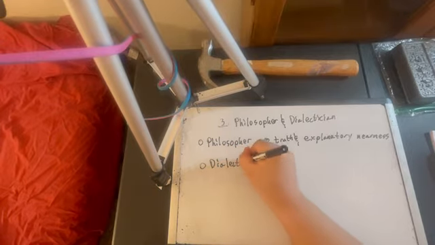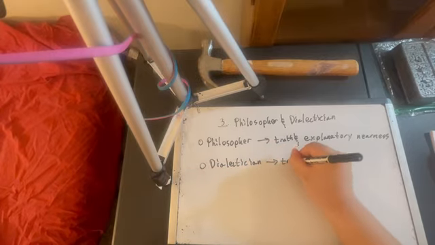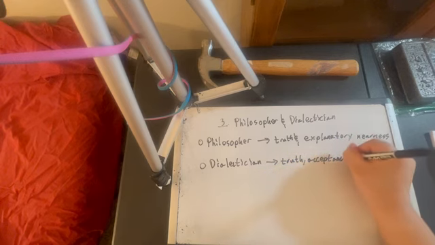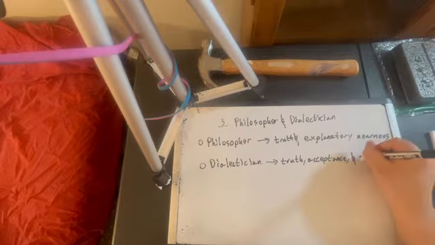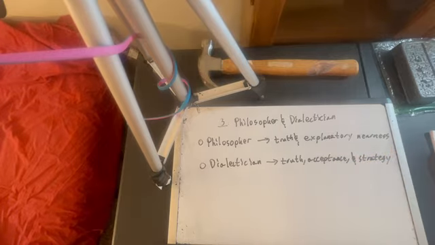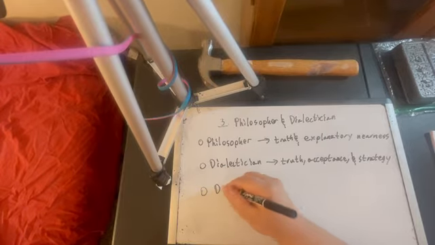Dialectician: truth, acceptance, and strategy. The philosopher seeks the best premises, the dialectician seeks grantable premises. Dialectic adds strategy to logic.